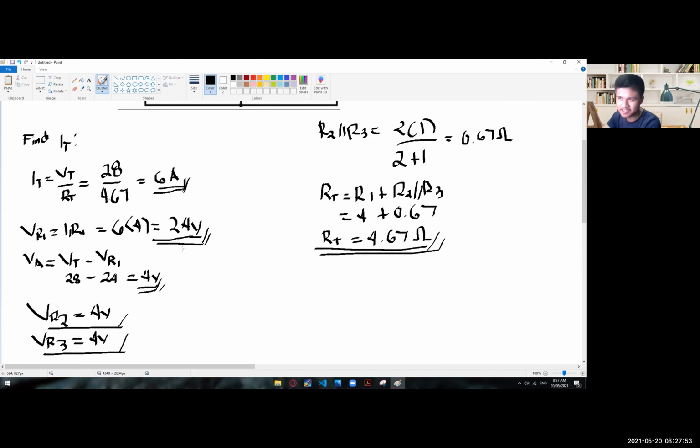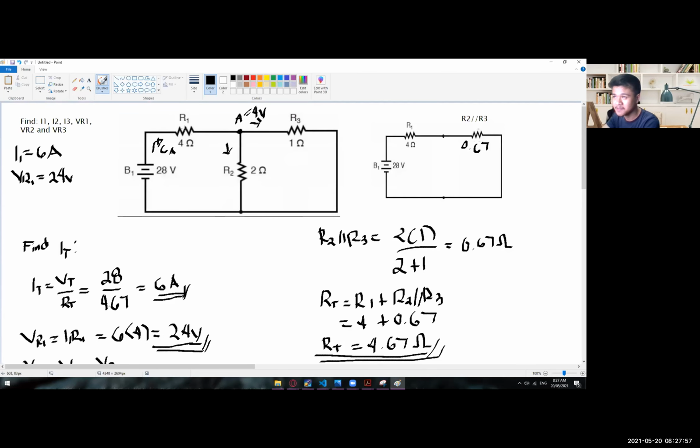Again, it is a concept of parallel. If we don't have this R1 right here, then we are sure that we have 28 volts passing through here and then 28 volts passing through here. But since we have series connection right here, then of course we have to deduct that voltage drop in here. Okay, so we already have answered the VR1, VR2, and VR3, which is 24 volts, and then 4 volts and another 4 volts.